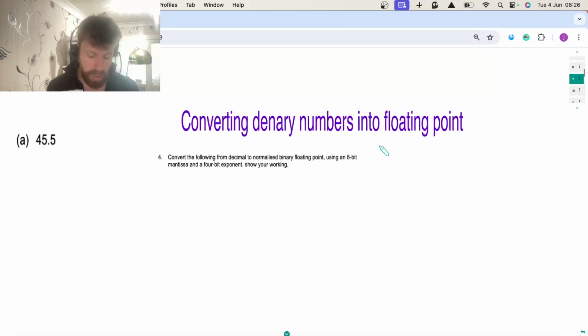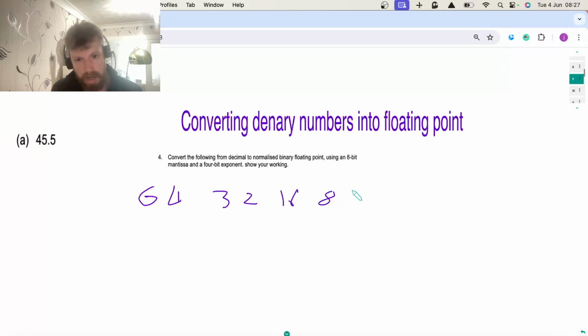Tying this all together, we have to be able to convert between denary numbers and floating point as well, so go in the other direction. So first things first, what you need to do is convert it into a normal 8-bit number. Now we have got a decimal number in here, so I'm going to put 64 here, and then I'm going to do 32, 16, 8, 4, 2, 1, and then 0.5.